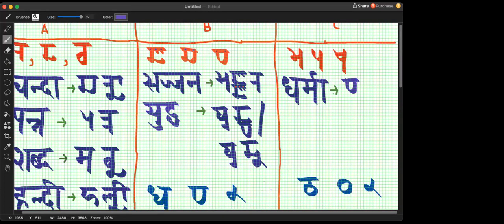And when you're writing rma, first that we hear is r. So I will first write r here. And rma. So after r, I hear ma. So we all know ma does not have Shiroreka, and it starts from this point here, right? We'll start from here. So what I'm going to do, from this end of this alphabet, I will write ma. So what happens? It will gradually align towards the right side. It will come slanting right below that.